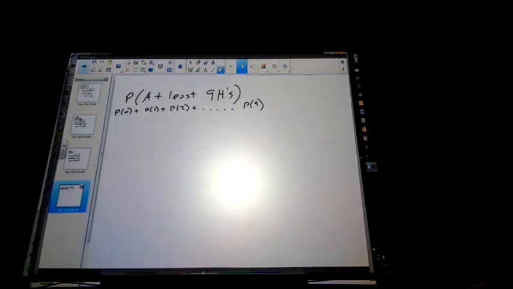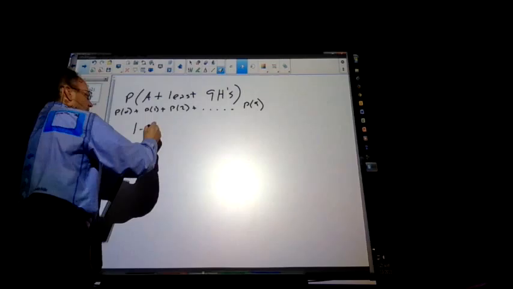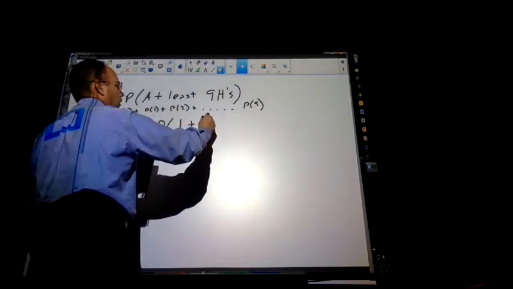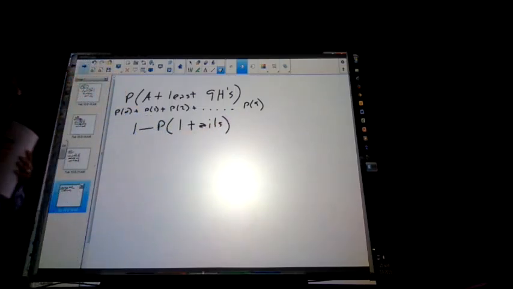Yeah, so what I want to do is go 1 minus the probability of getting 1 tails. So the probability of getting at least 9 heads means 0, 1, 2, 3, 4, 5, 6, 7, 8, 9, which is a lot of work, or I can go 1 minus the probability of getting 1 tails. Okay?